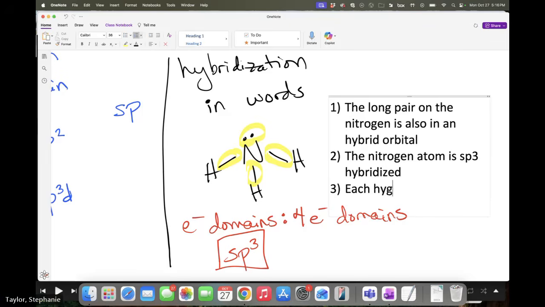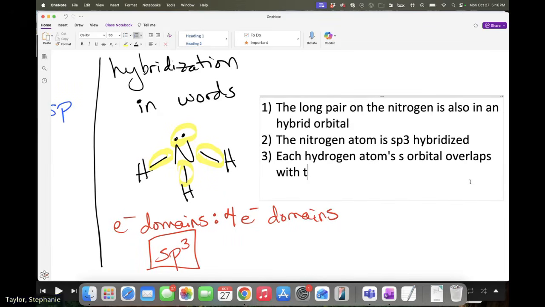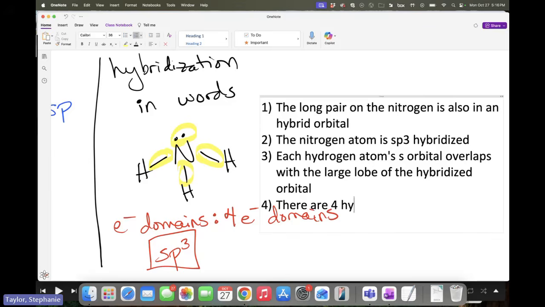Each hydrogen atom's s orbital overlaps with the large lobe of the sp3 hybridized orbital. There are 4 hybrid orbitals in this molecule.